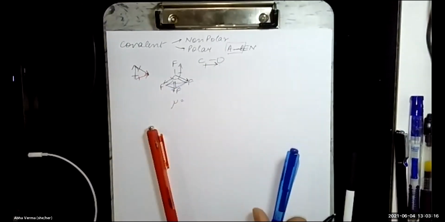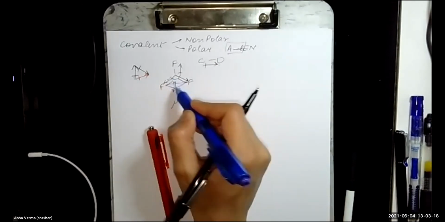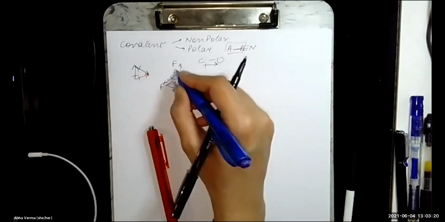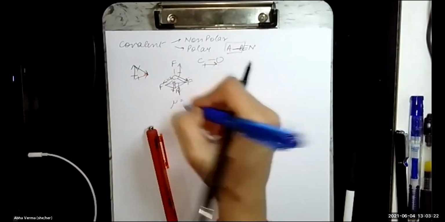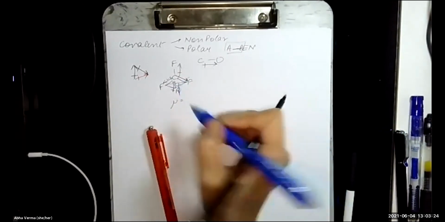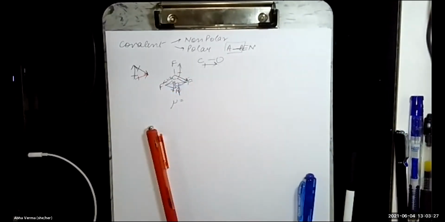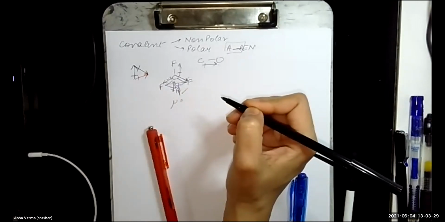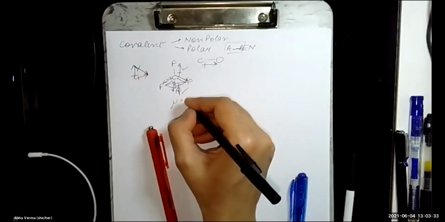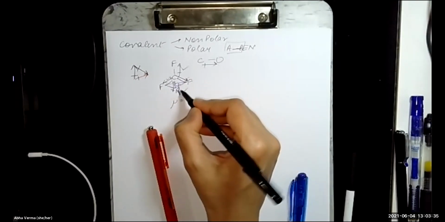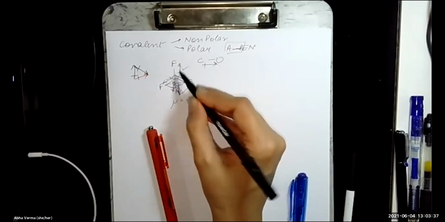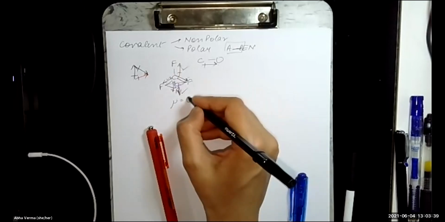Any 3 atoms you can combine, you can add these 3 dipoles, and the resultant is perpendicular to this plane. This dipole and this dipole are going to cancel out because they are going in the opposite directions. They will nullify each other.